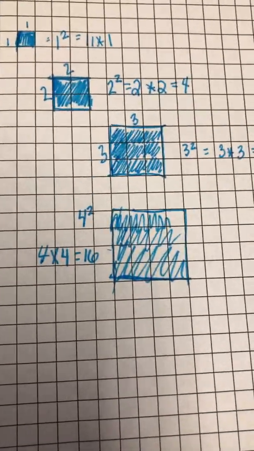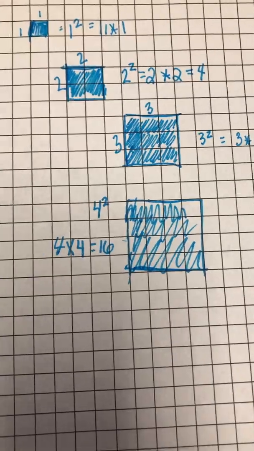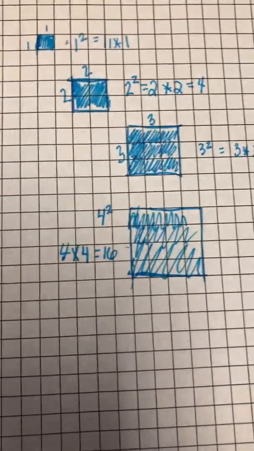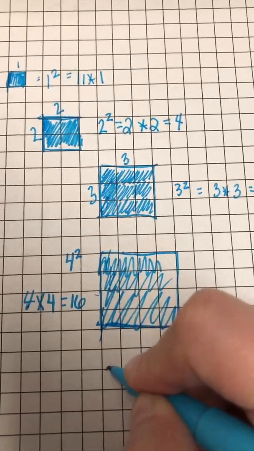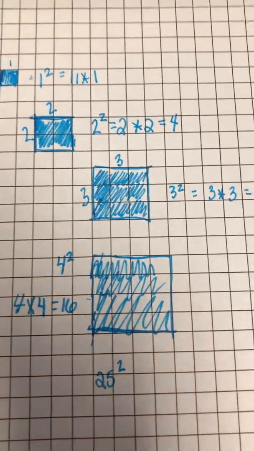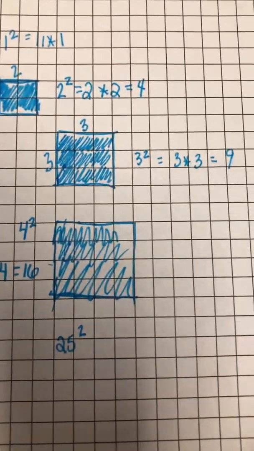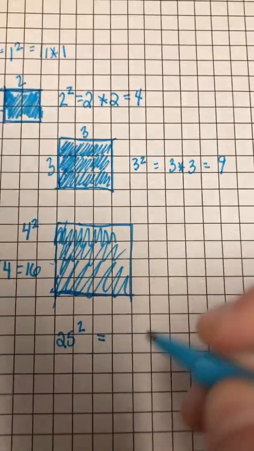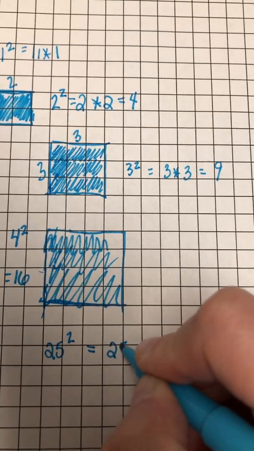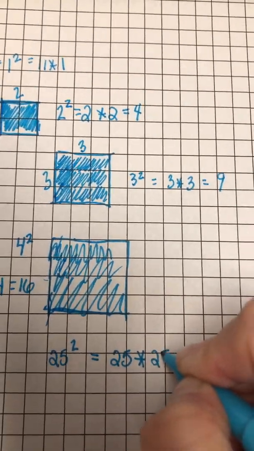Now while the numbers are small, that's pretty easy, okay, to color it in and draw it. But when our numbers get big, for example, 25 squared, I don't want to draw out a big, huge square with 25 on each side. So I simply know that that's a perfect square, and I do 25 times 25.